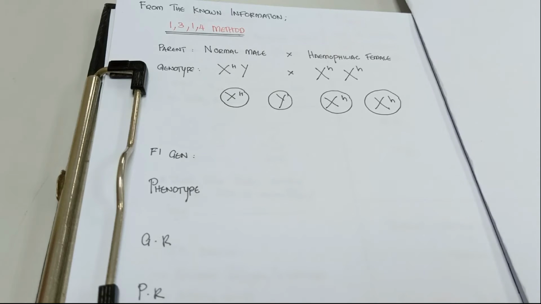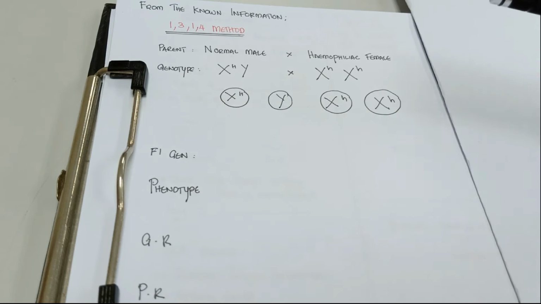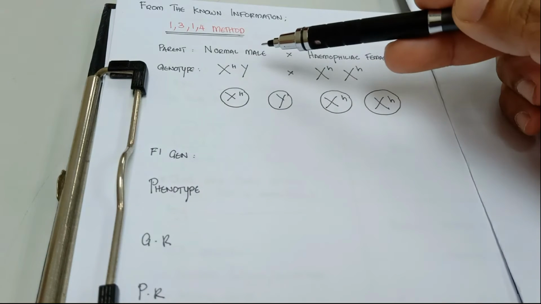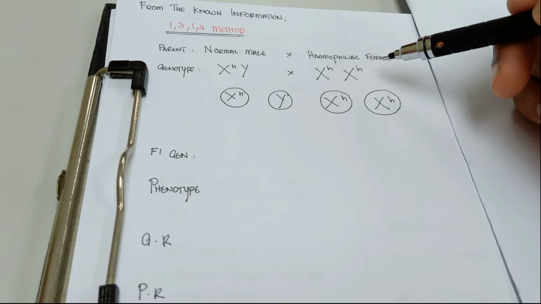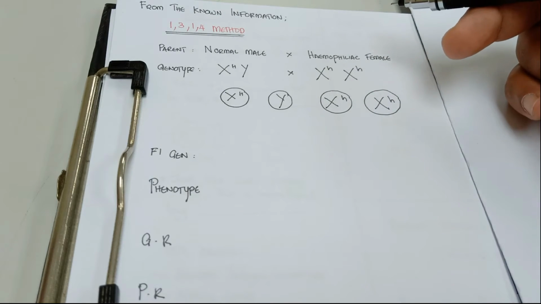From the 5 different genotypes and phenotypes which we have discussed, we will try to do a test cross. The first method that we'll use is the 1 3 1 4 method. So what I have done is I take a normal male and a hemophiliac female. A person who has hemophilia is known as a hemophiliac.